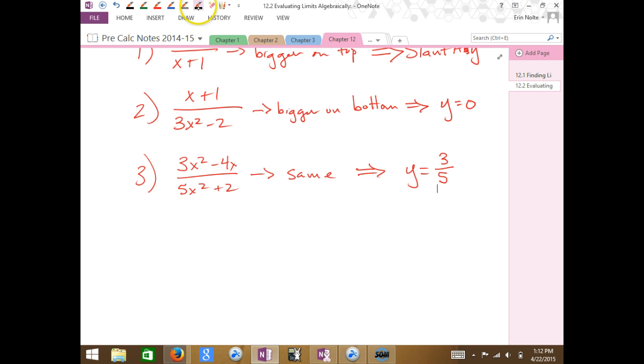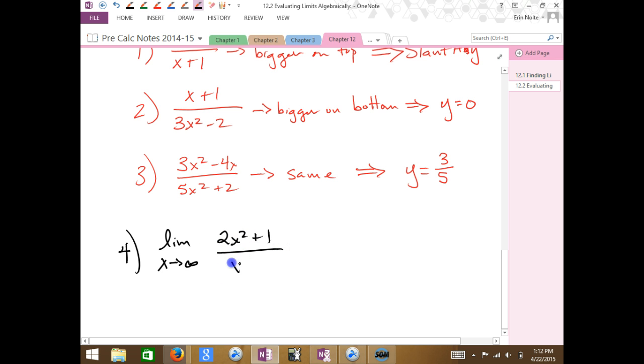So here are your limit examples that go to infinity. What number am I on? Number 4. So let's say they ask for the limit as x approaches infinity of 2x squared plus 1 over x squared. First of all, what do you notice that's different about this particular question versus the first 3? It approaches infinity. We don't have a finite value to plug into the equation.